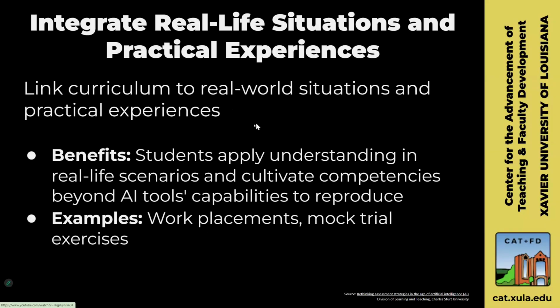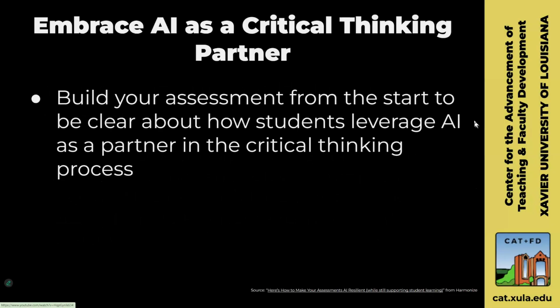Integrate real life situations and practical experiences. So link the curriculum to real world situations and practical experiences. Also embrace AI as a critical thinking partner. So if you build your assessment from the start to be clear about how students leverage the AI as a partner in the critical thinking process.